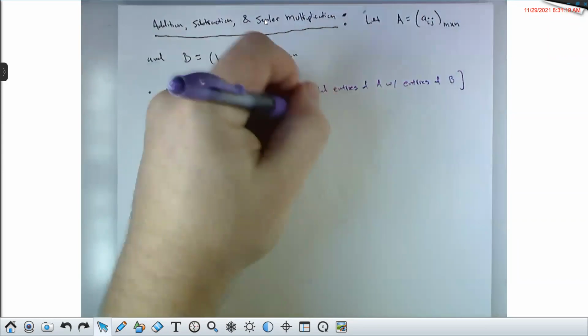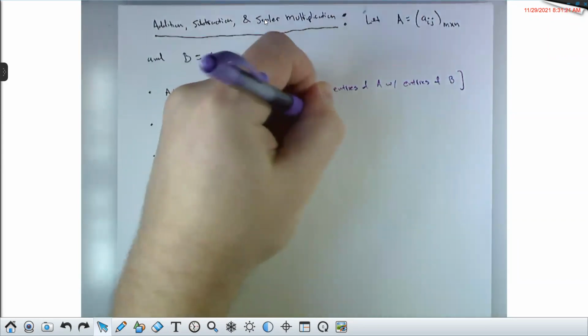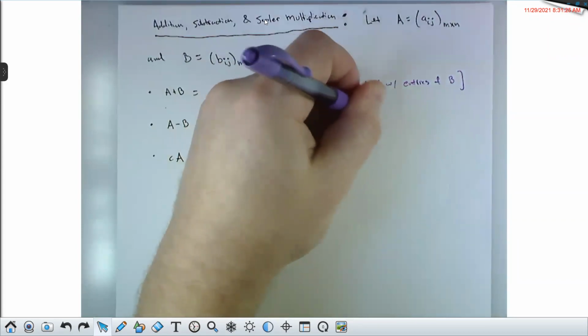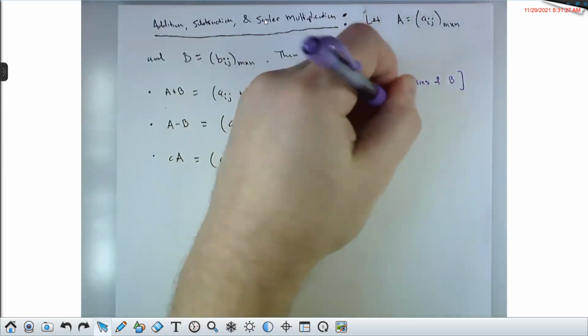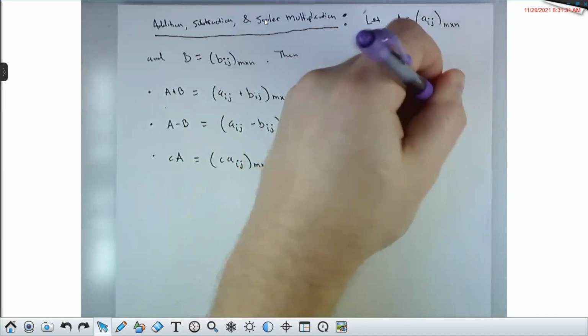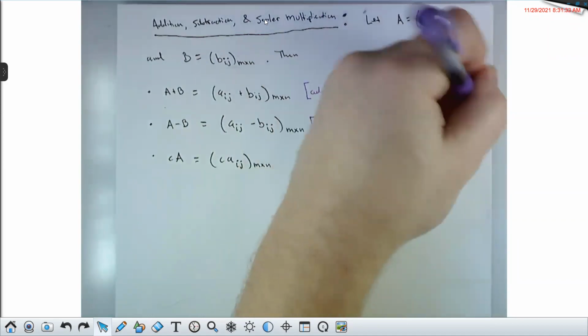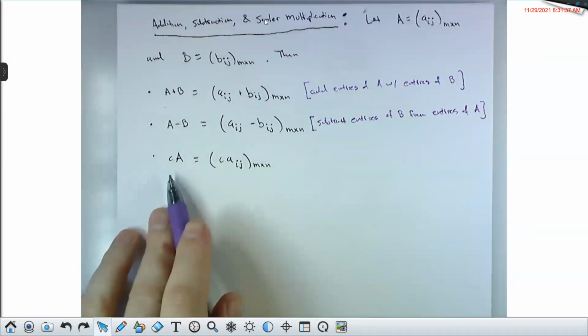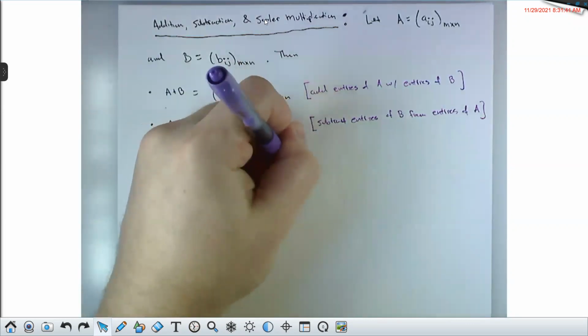This means that you just subtract the entries. And then this last thing, to multiply a matrix by a number, you multiply all the entries by that number.